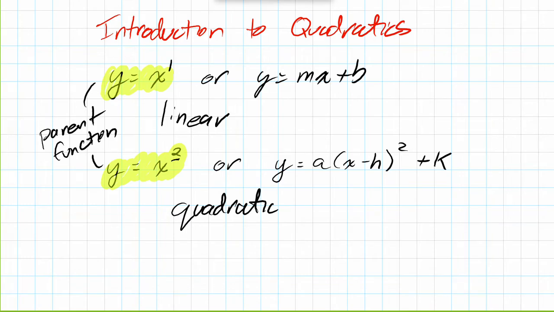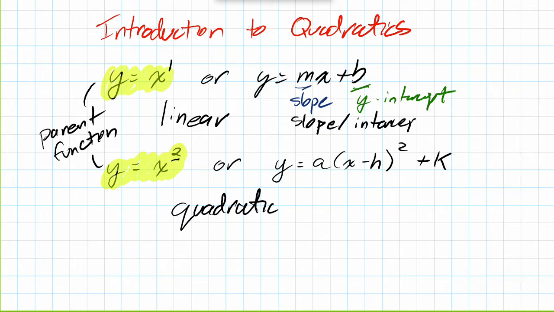In our linear function, we had slope, and we have y-intercept, okay? Now, this is actually called the slope-intercept form. There's an actual name for that form. You can actually represent linear equations many different ways.